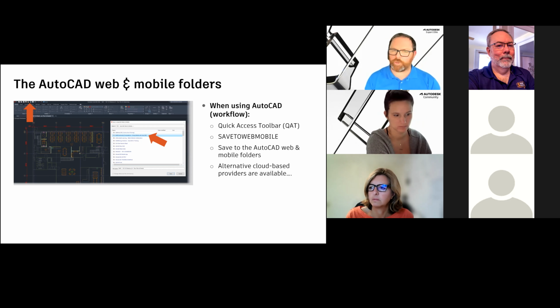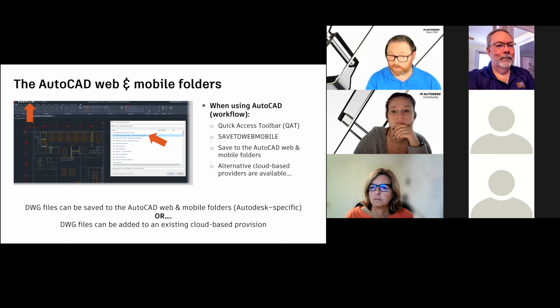I also use OneDrive. I also use Google Drive. Up until a little while ago, I was using Dropbox as well. And all of these cloud-based repositories are supported by all of the AutoCAD applications. So that's AutoCAD Desktop, AutoCAD Mobile, AutoCAD Web. So your DWG files can be added to an existing cloud-based provision. You don't have to reinvent the wheel, for example.